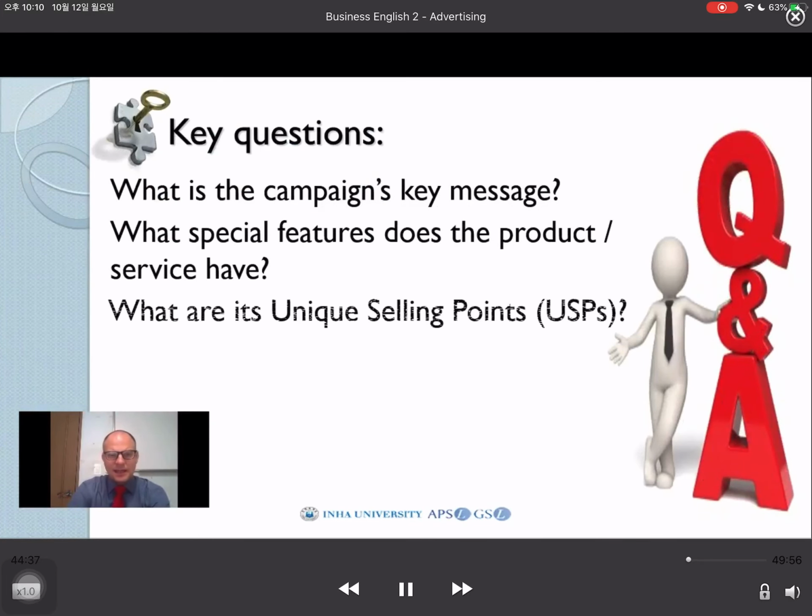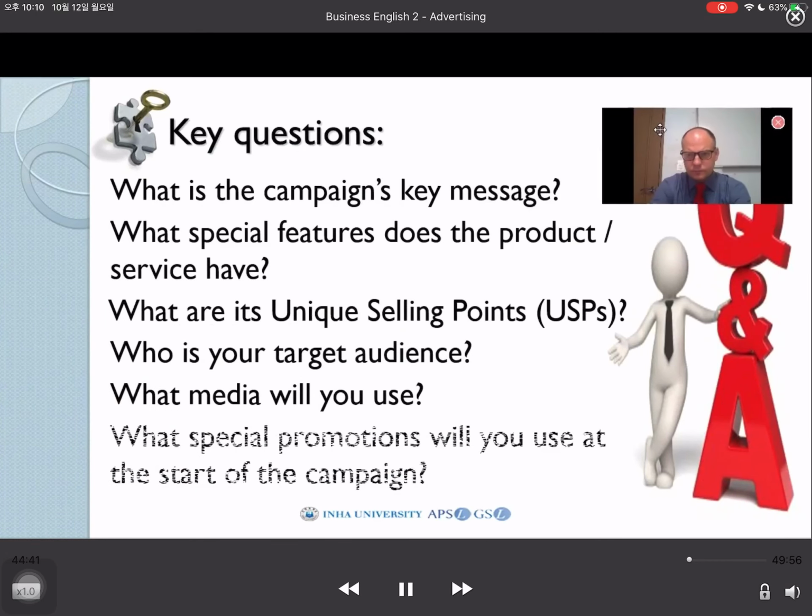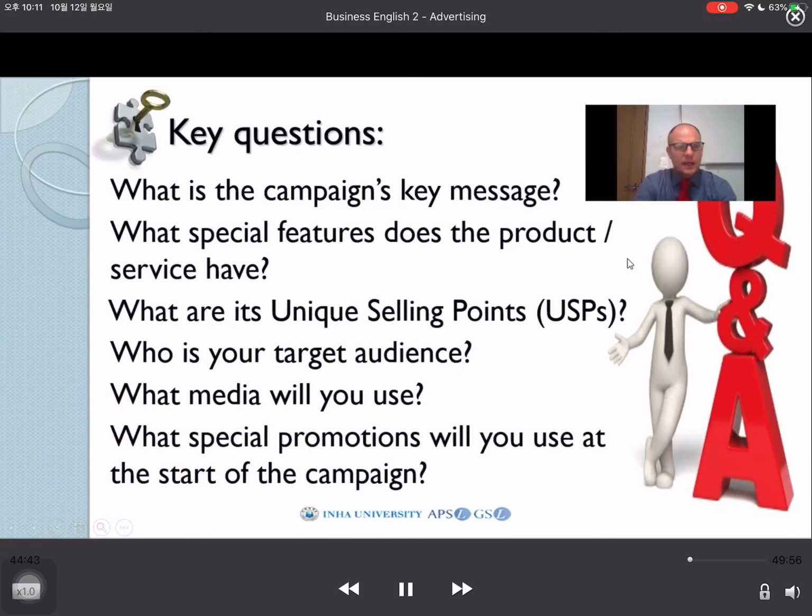And some of the key questions that you really need to think about is what is the campaign's key message? What special features does the product or service have? Who's your target audience? What media are you going to use? Special promotions you might use at the start of the campaign.